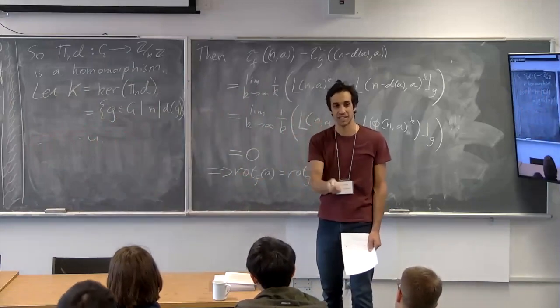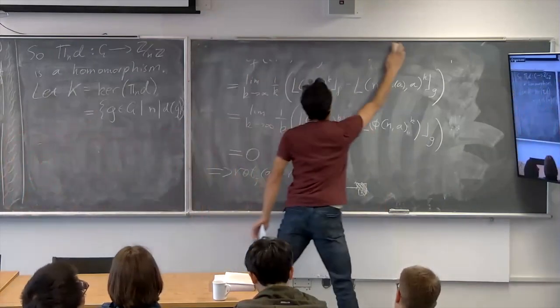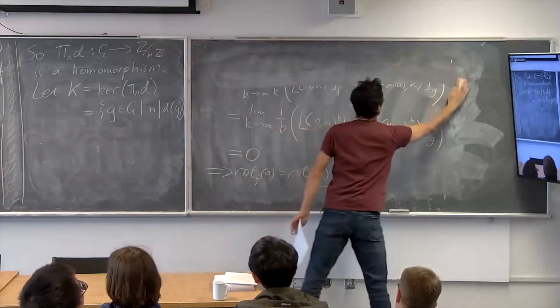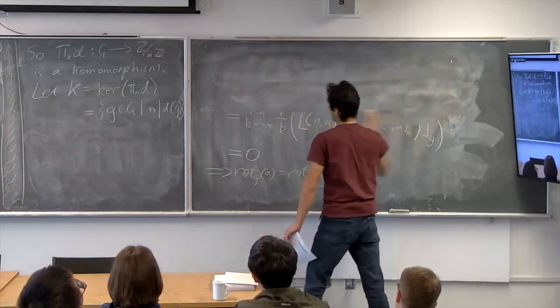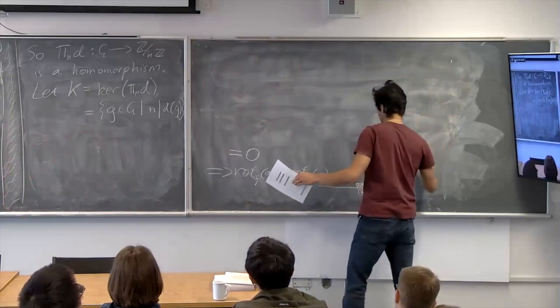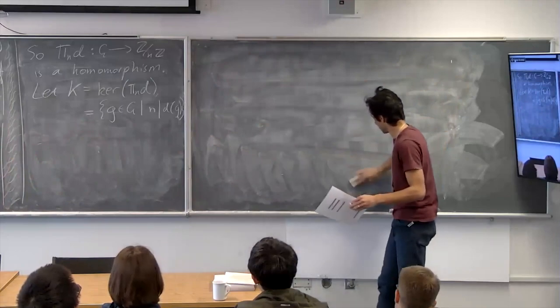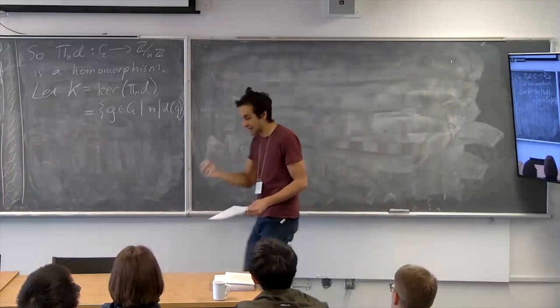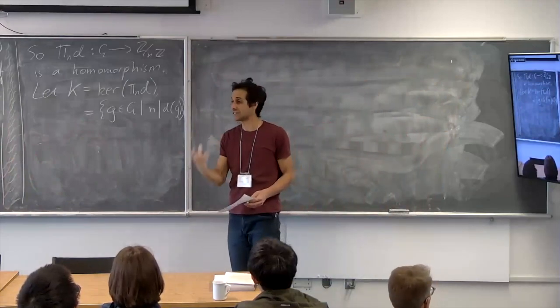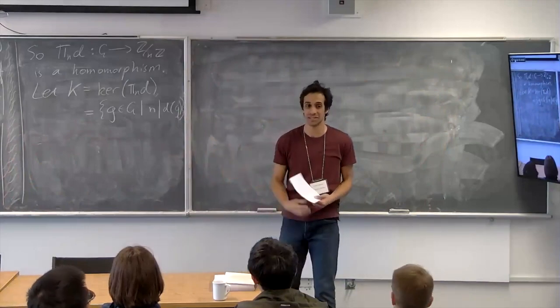So what I'm going to show is that when you restrict the cocycle F to this subgroup K, you get the identity in H2 of K. So therefore K has to be left orderable. That's where we're going with this.